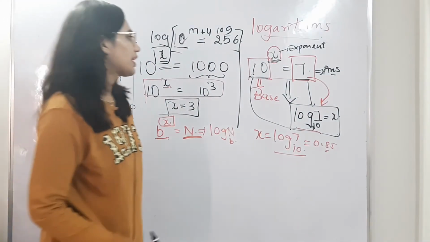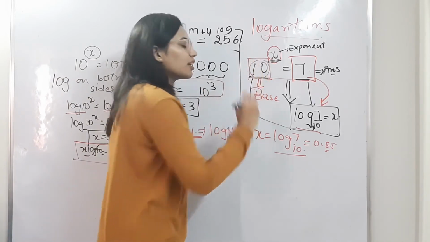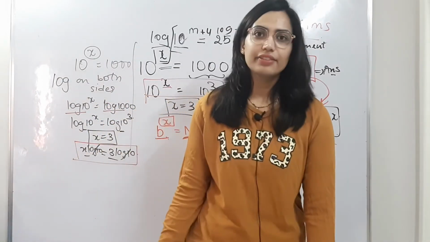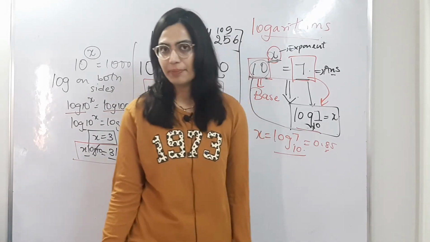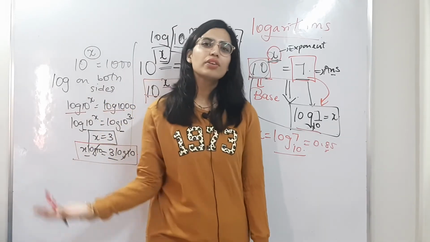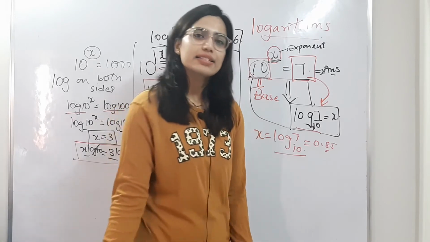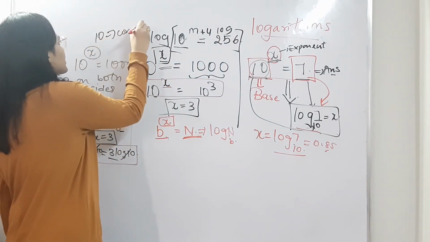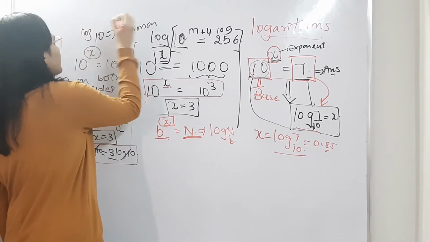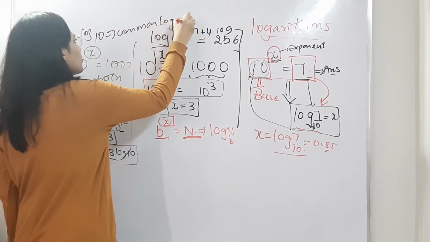I've told you that in general, in the calculator, we'll see the value of logarithm to the base 10. Why is that so? Why is log to the base 10 always considered a common logarithm?